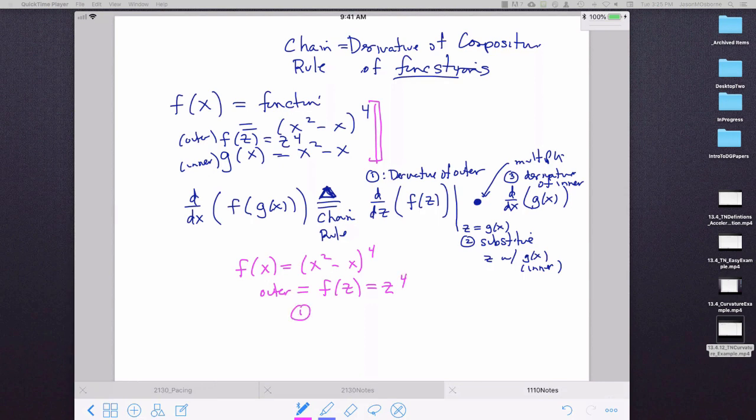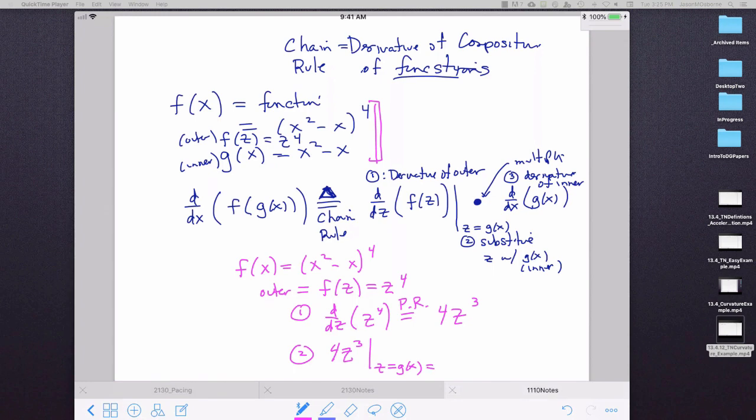So the first step is to take the derivative with respect to the variable z of z to the 4th, which is just a power rule problem, 4z to the 3rd. The second step is to take 4z to the 3rd and evaluate wherever you see the z, you need to put in your inner function g of x.